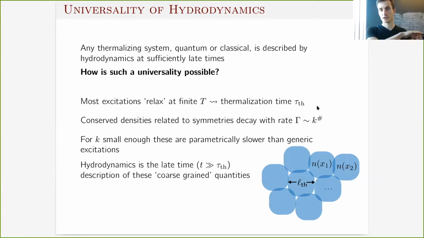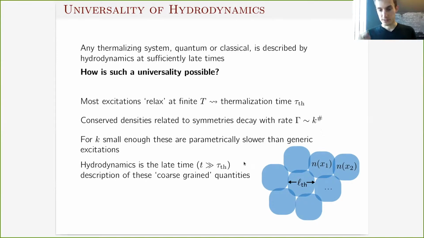And for a similar reason, a long wavelength modulation in charge density will have very slow dynamics. It's going to have a decay rate proportional to some power of its wave vector. So as long as we work with small enough wave vectors, so that we look at long distance physics, these densities will be parametrically longer lived than generic excitations. Then hydrodynamics is the late time description of these coarse-grained densities.